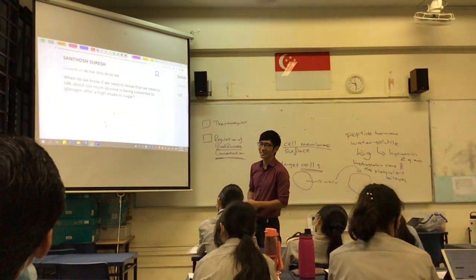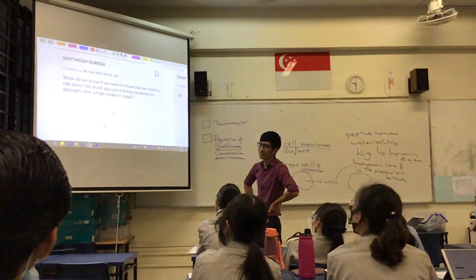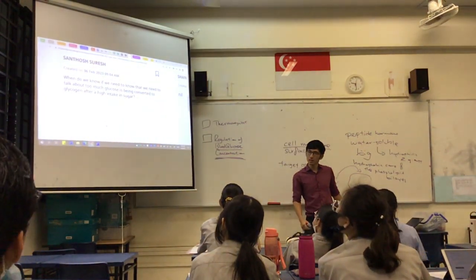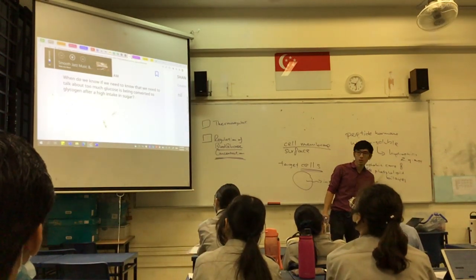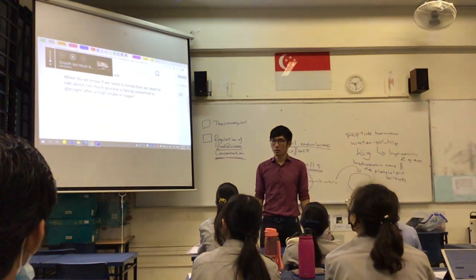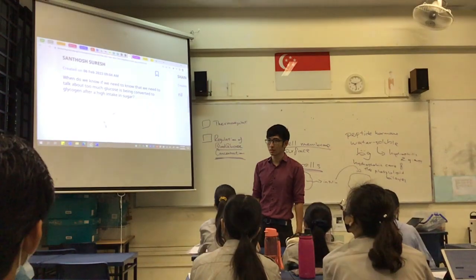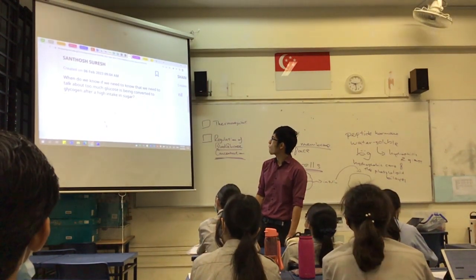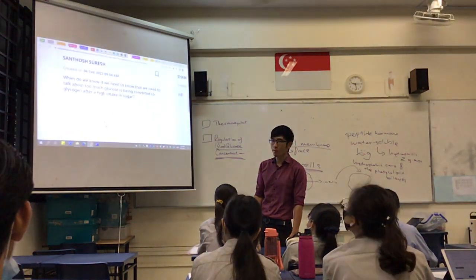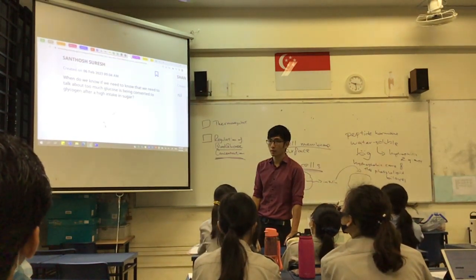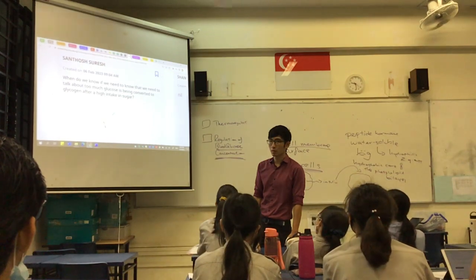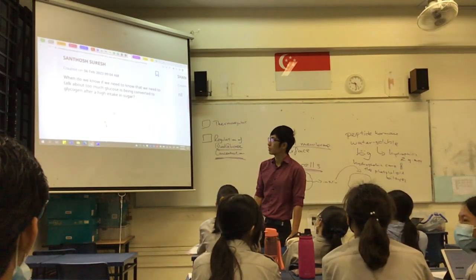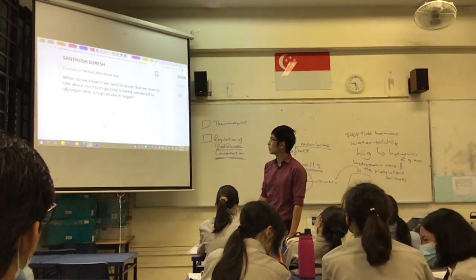What if it goes below the normal range of the glucose concentration? Like this secretion of insulin. What if there's too much insulin and too much glucose converted to glycogen? Then what happens?